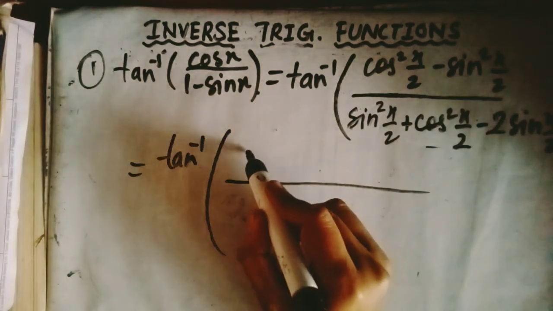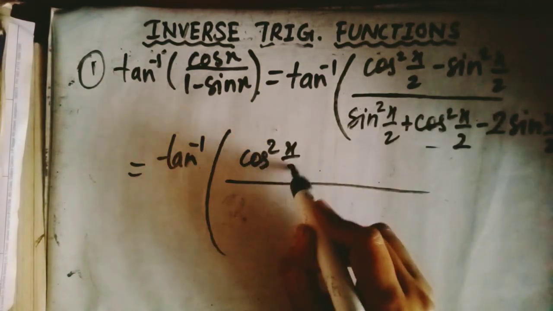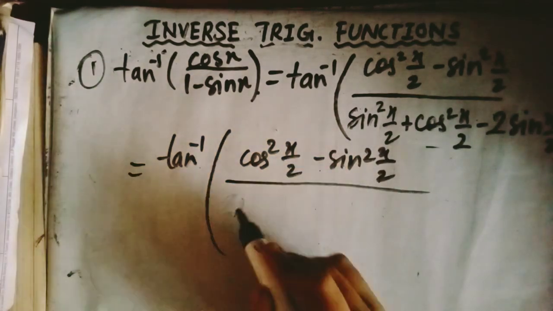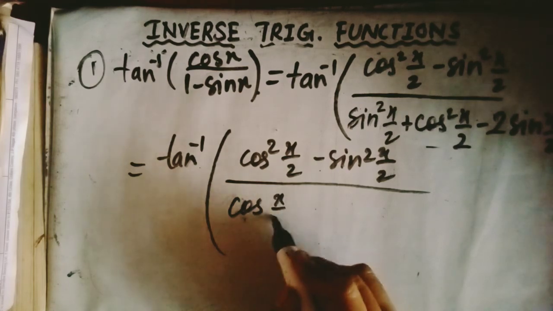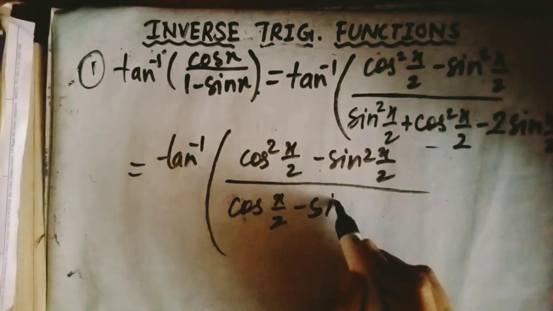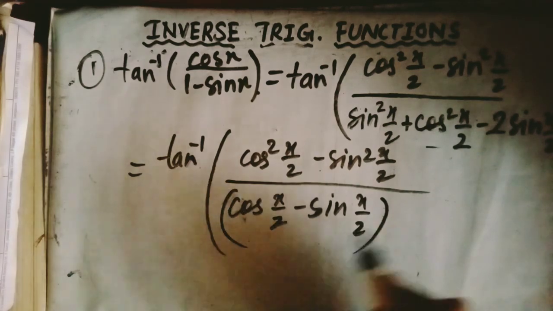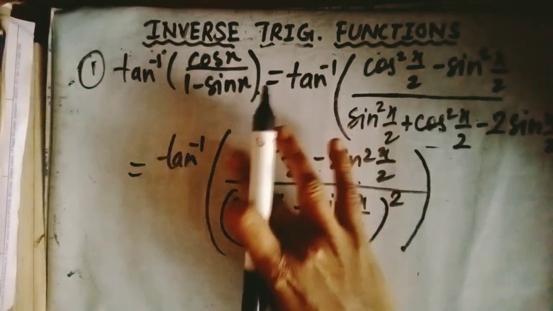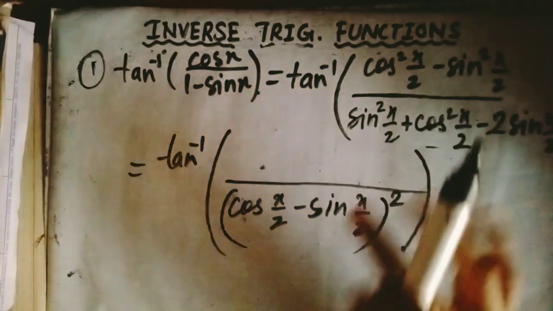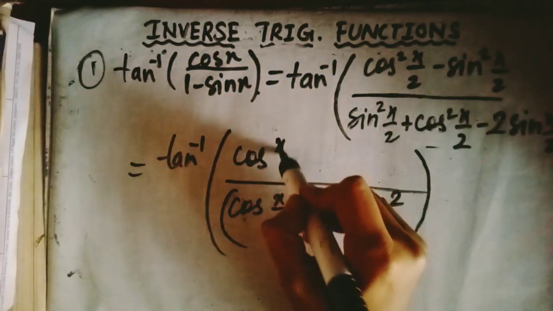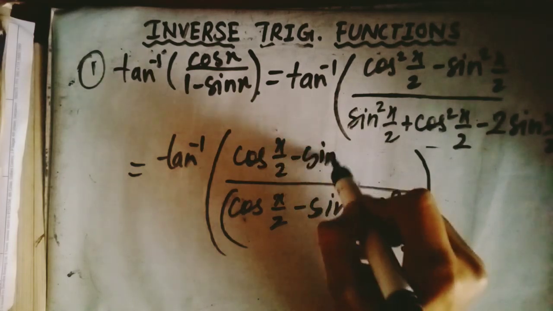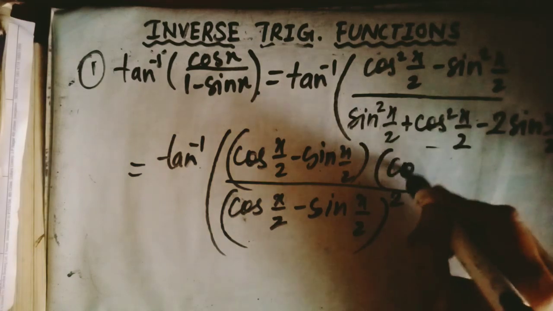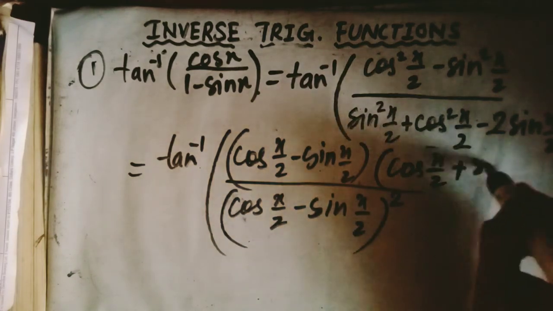So our numerator is, and the denominator is (cos x/2 minus sin x/2) the whole square. Okay, this we can expand, that is, we can use (cos x/2 minus sin x/2) into (cos x/2 plus sin x/2).